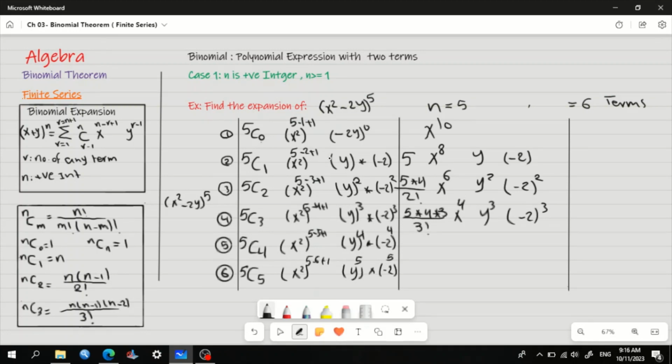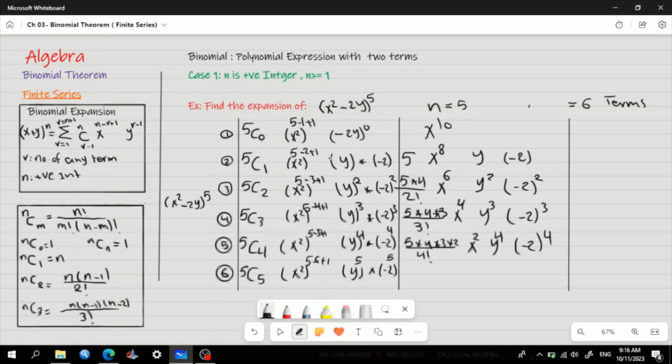Here 5 combination 4, so here 5 into 4 into 3 into 2 by factor of 4, x squared power 1, negative 2 power 4. Here we have 5 combination 5, so here we have 1 and x squared power 0, so here y power 5 and negative 2 power 5.